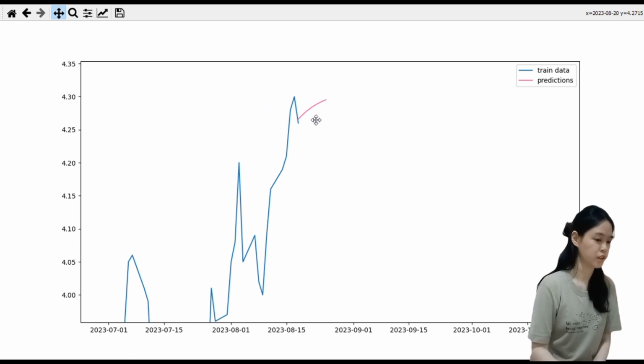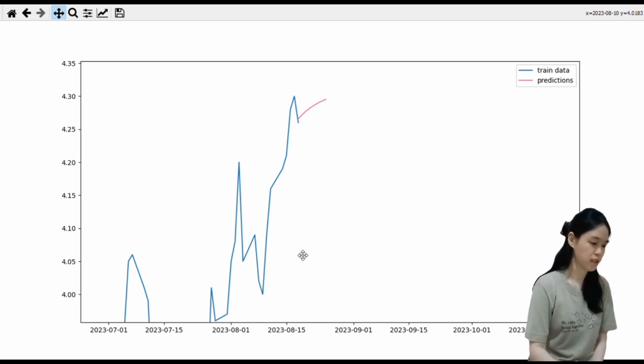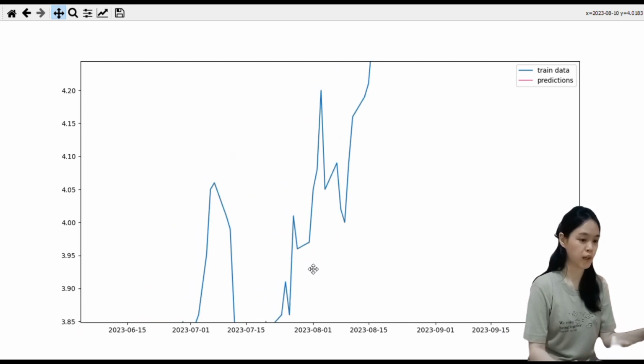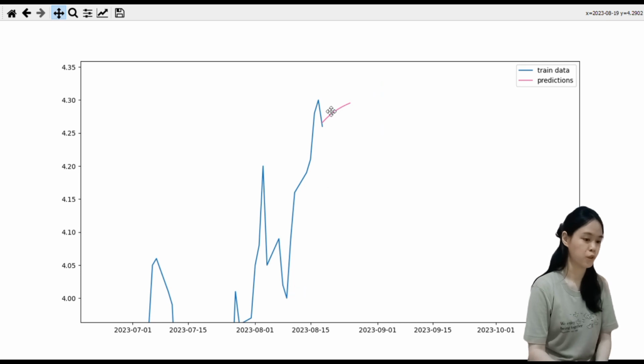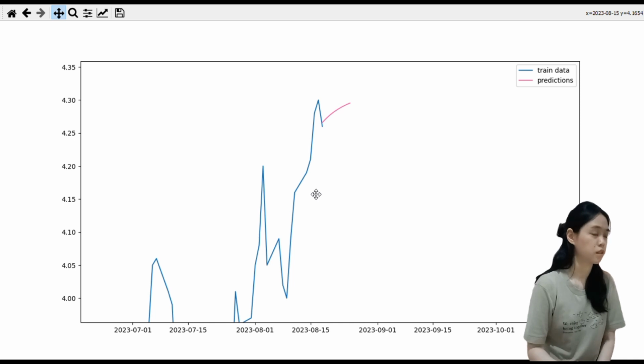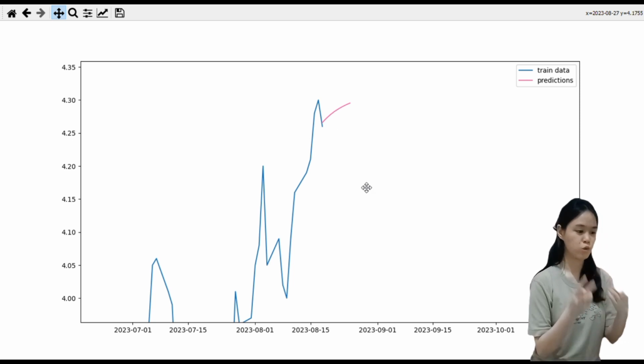Okay, one little caveat here. The x-axis for the predictions is not that accurate actually. You can take a look at the x-axis only for the training data, but for the predictions it's not accurate because there's supposed to be some gap here, because we are taking 2 weeks.